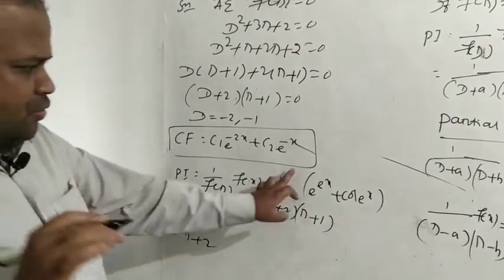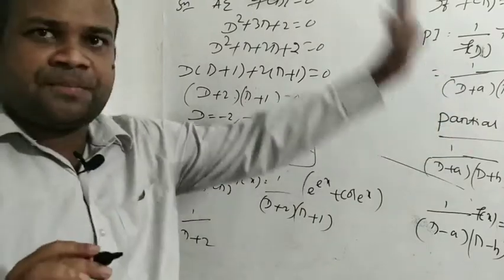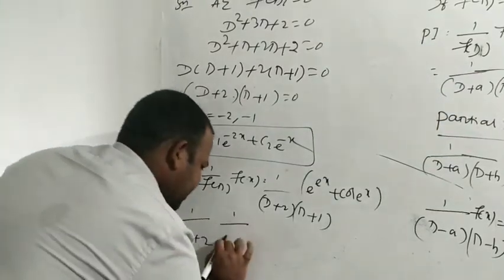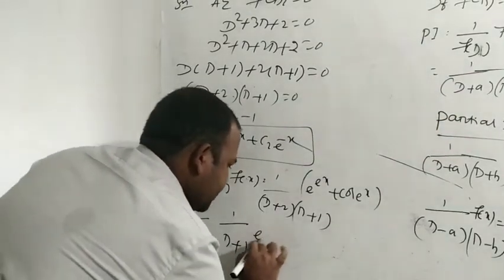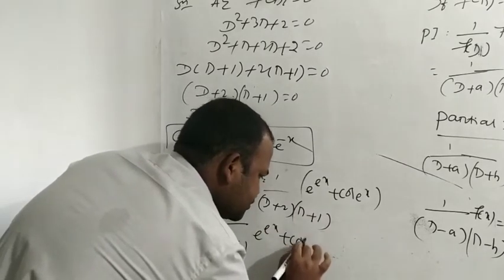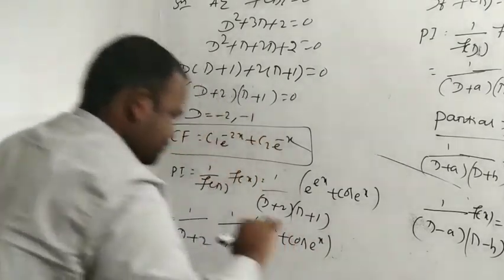Suppose I use the direct method, solving without partial fractions: 1/(D + 2) [1/(D + 1)] (e^x + cos(e^x)).